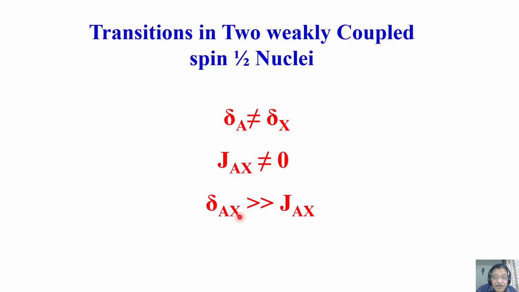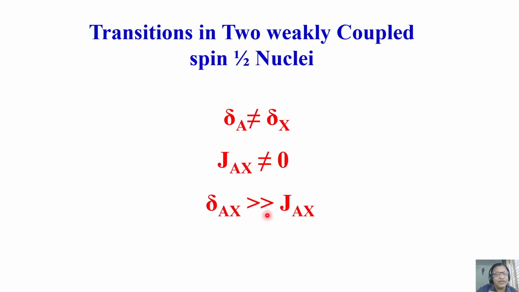Whereas the coupling constant JAX is normally of the order of 15 or 20 hertz, or less than that. This is the condition I am assuming: the chemical shift separation between two spins is sufficiently large, very much larger than the coupling constant.